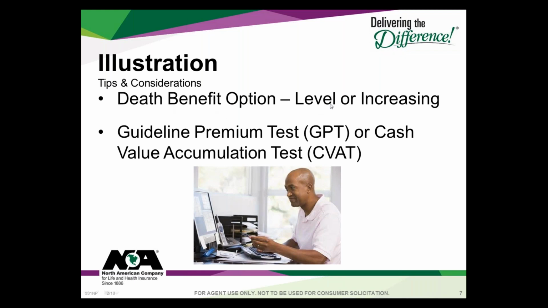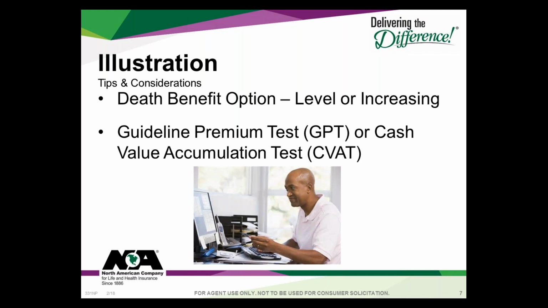Increasing death benefit option will start out with an initially lower death benefit, and gradually the death benefit will grow as premiums grow. Now, the challenge with death benefit options is, if you leave it on increasing death benefit option, the cost of insurance charges as you get into retirement start to become significant. And if you just stay on increasing death benefit option, that's not going to be the most compelling illustration.